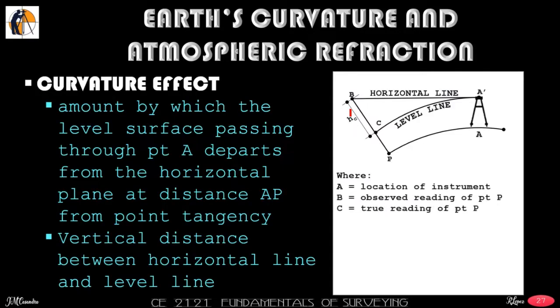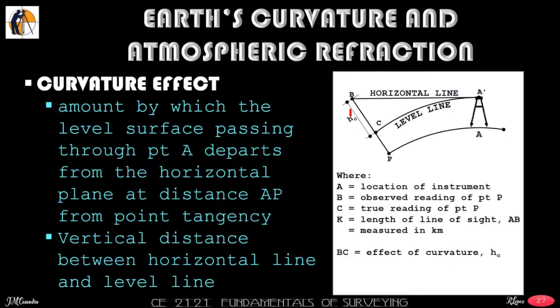C will be our true reading of point P, and B is your observed reading of point P. We will have K, which is the length of line of sight of AB, measured in km. BC, or B minus C, is the effect of curvature HC, which is equivalent to 0.0785 K squared.